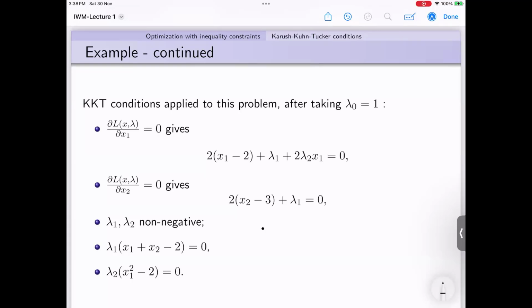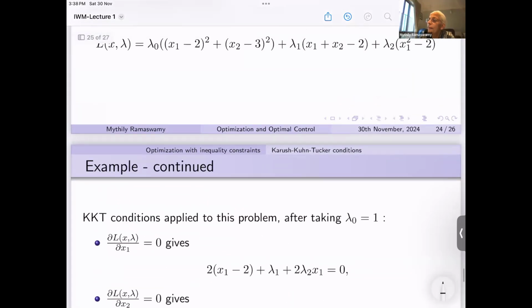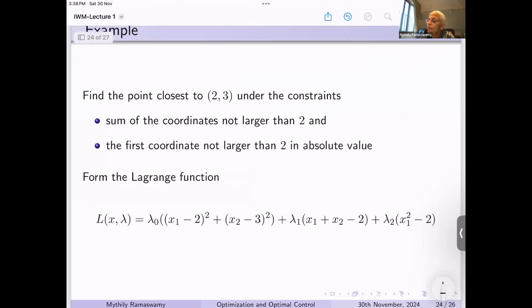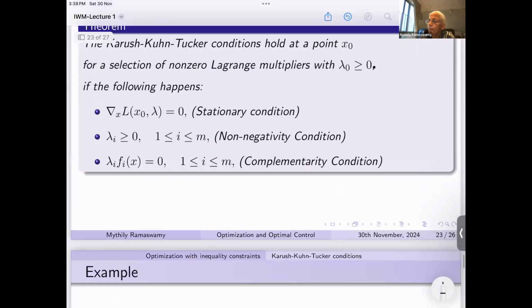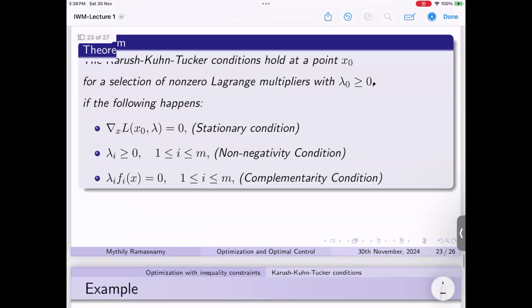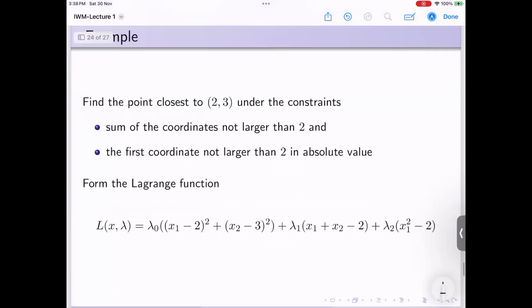The next one is: should it be 2 or 4 in the Lagrange function's third term? I think earlier slide. This one? This is the theorem. In the example you are saying?